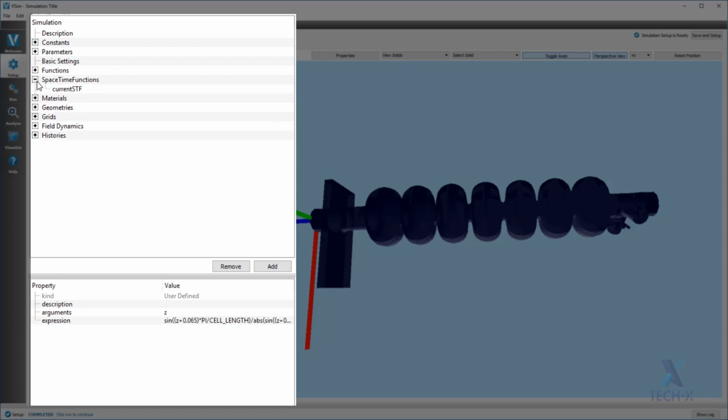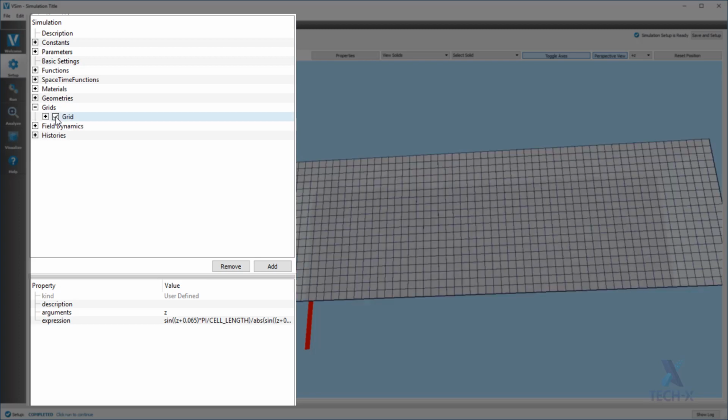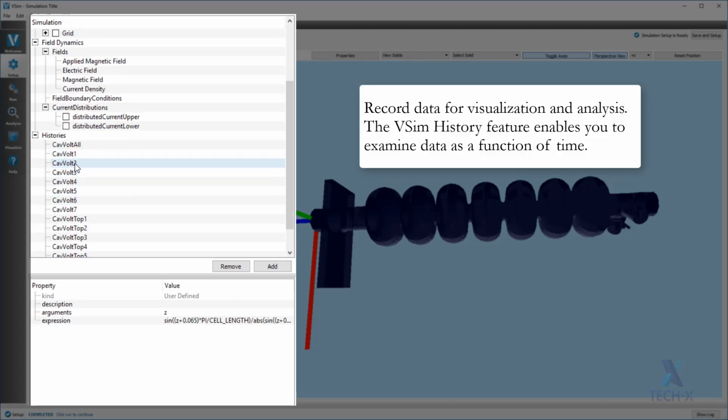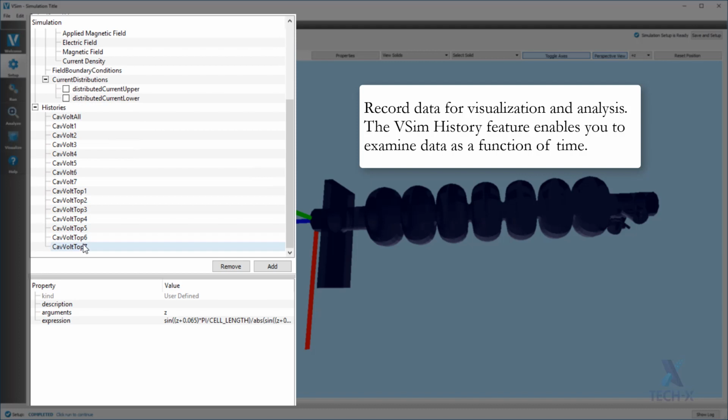And then I'm going to go through the space-time functions, the materials we're using, the geometries, the grid itself, which you can see here, the fields, the current distribution, which we're going to be driving, and then finally the histories that we want to look at as we analyze what's going on in this simulation.